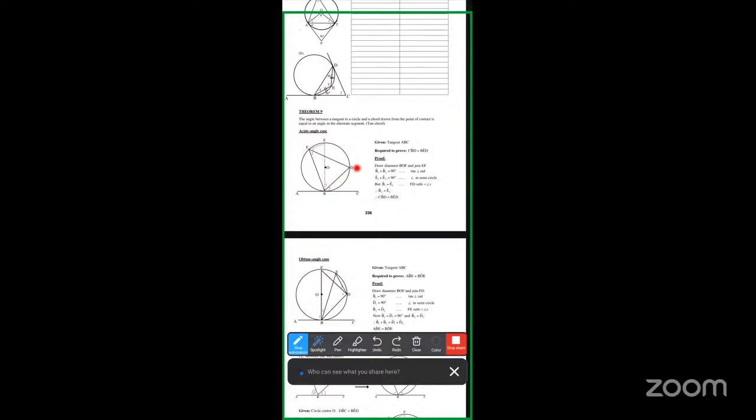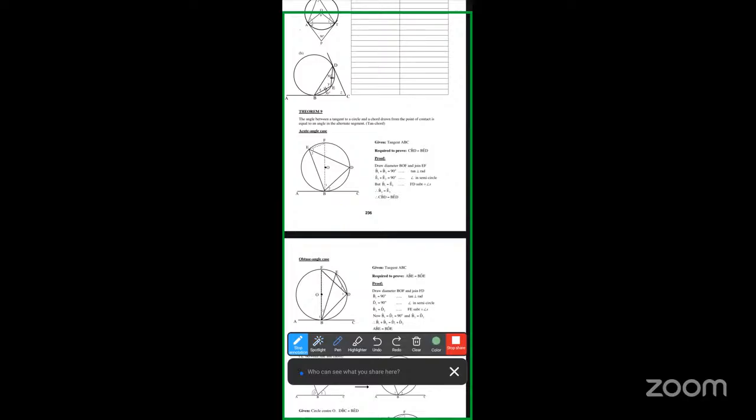This can be a chord. This also can be a chord. The angle between the tangent and a chord drawn from the point of contact is equal to the angle in the alternate segment.